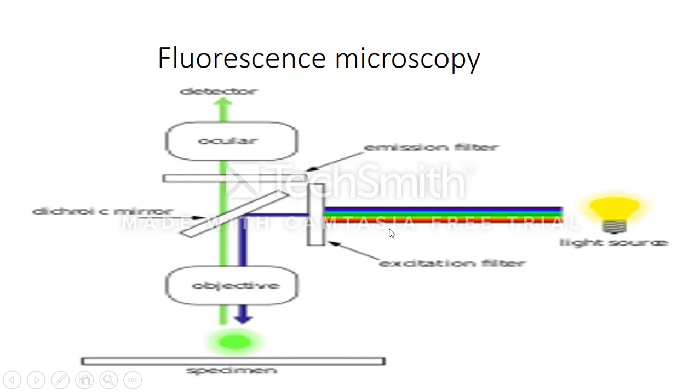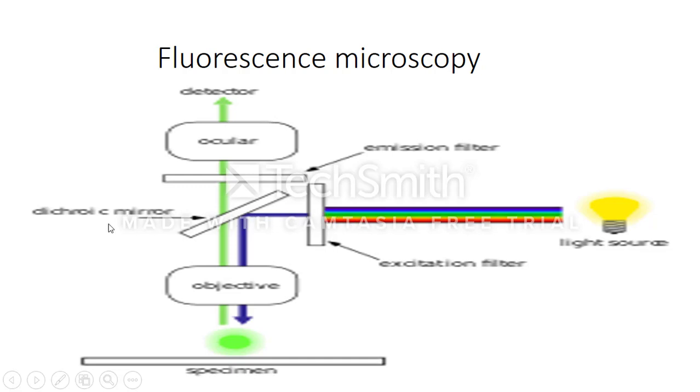And what this allows us to do, from just allowing one to get through, it allows the image to be more clear with a higher resolution. So the excitation filter blocks out many of these, and we can specifically choose which wavelength we want to go through, as I said before.